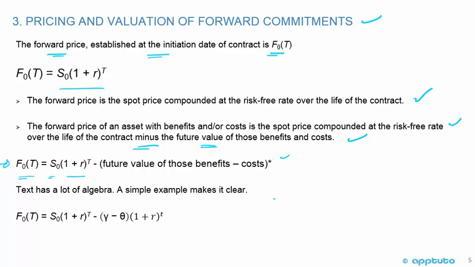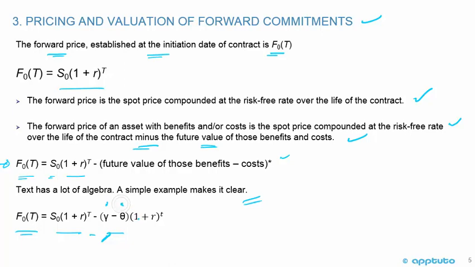So I put a little star here. I said the text has a lot of algebra, but a simple example is going to make it fairly clear, okay? And so you can see here they're just using a little bit of nomenclature. The forward price equals the spot price times 1 plus r to the t minus, and you can see this is the symbol that they're using for benefits.